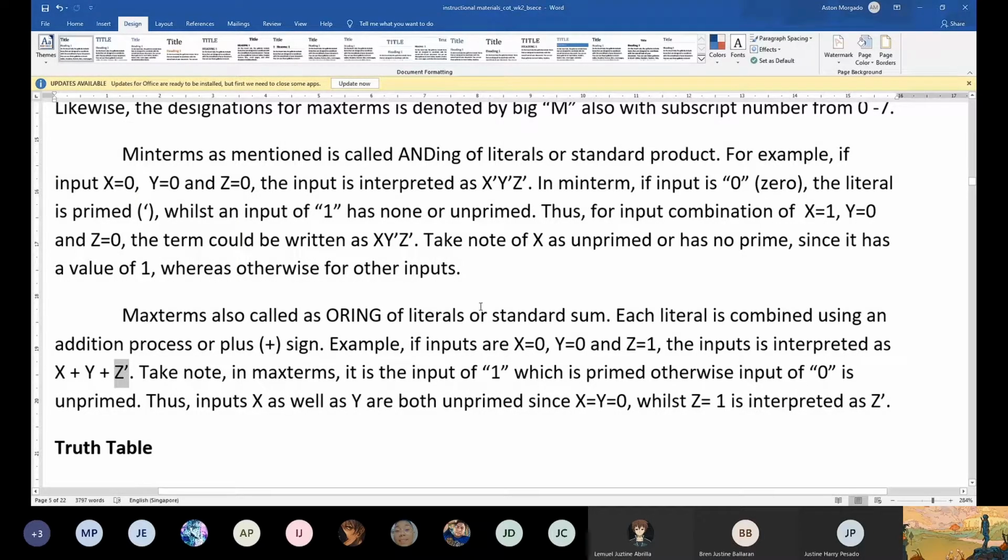Why does it matter whether it is AND or OR? Do you have any idea, class? Any idea what the AND and OR mean?